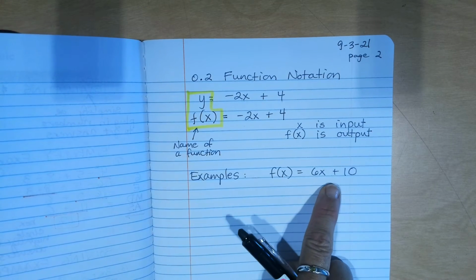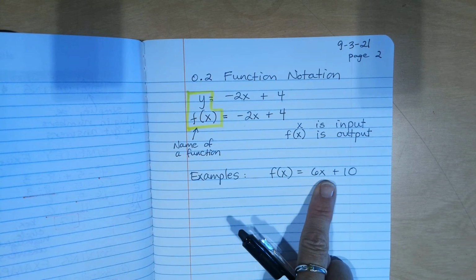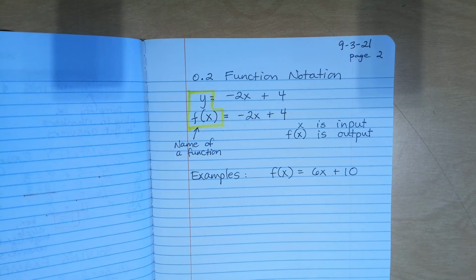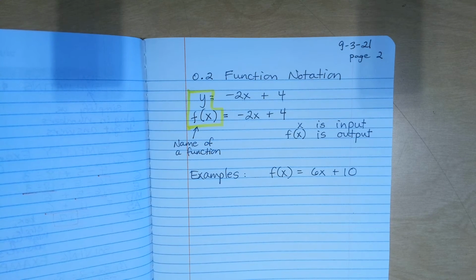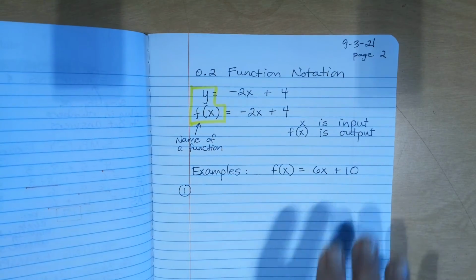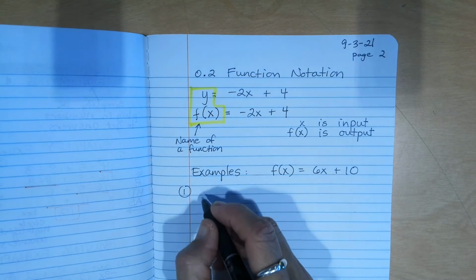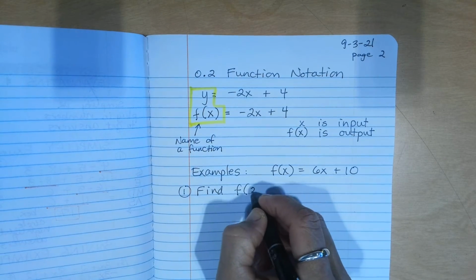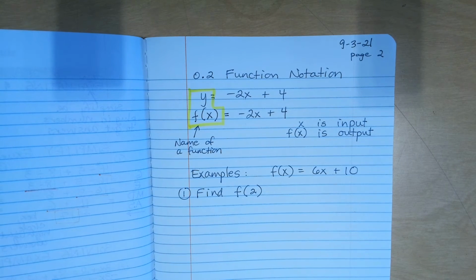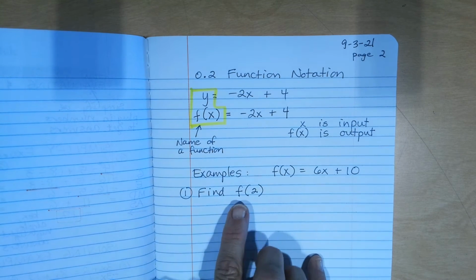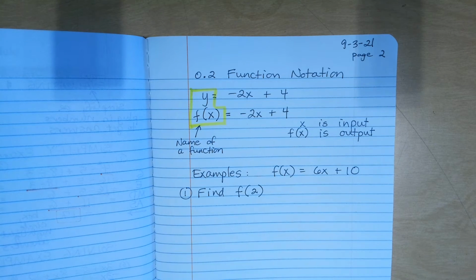Then I'm going to show you 3 different examples for this function where you're going to evaluate it at different x's. Here's my function. I want to find my function at 2. Find f of 2. That's what that says, f of 2.